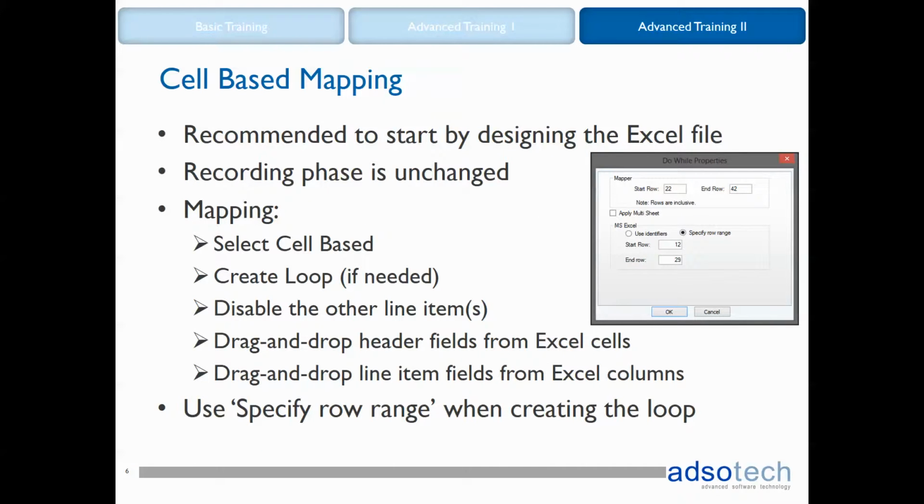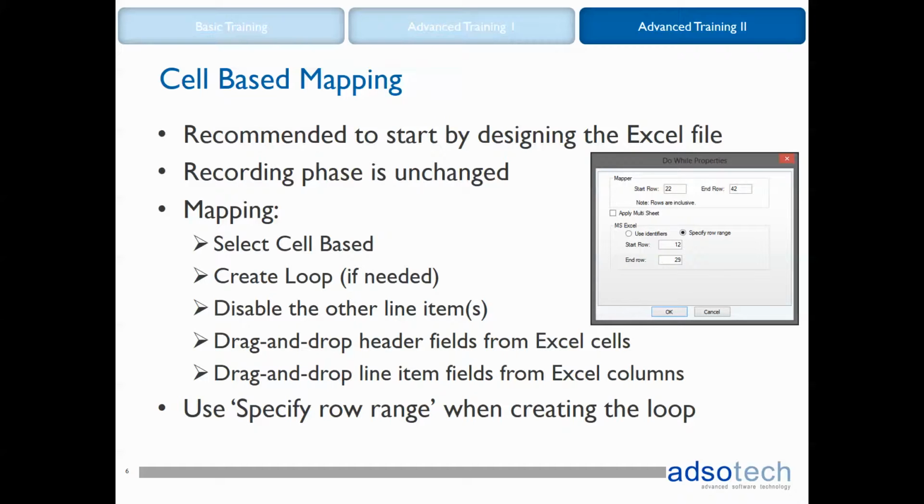The design of our Excel file here is very specific, so we always recommend that you start by designing your Excel file first. That means that you just open a new Excel file and figure out where you want your data to be, which cells you want to use for specific data. And then you give headlines and might even put in some color or whatever you want.